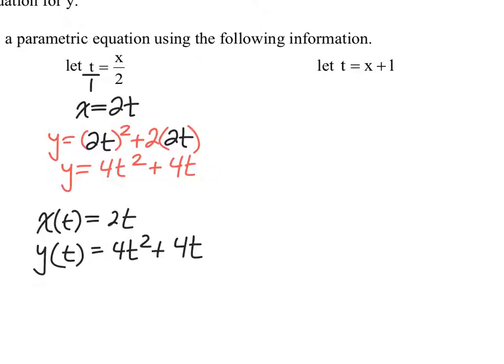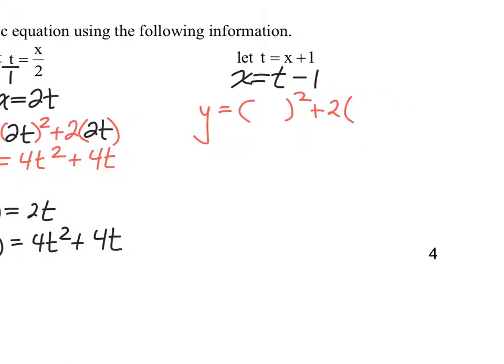So in the next one, x would be equal to t minus 1. So same deal. Oh, forgot my equal sign. Now for the other problems, when I was saying don't bother simplifying unless you're asked to, it was kind of like, yeah, well, there wasn't really much to simplify, so I'm just going to do it.